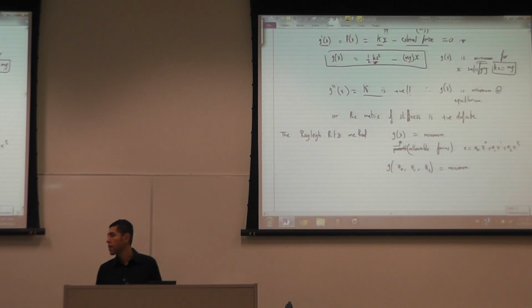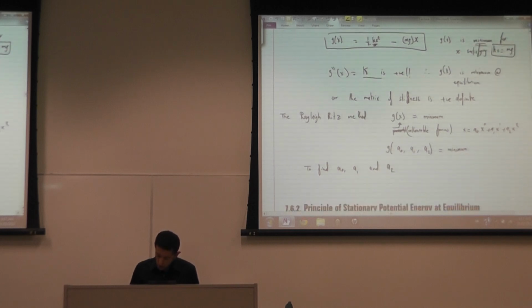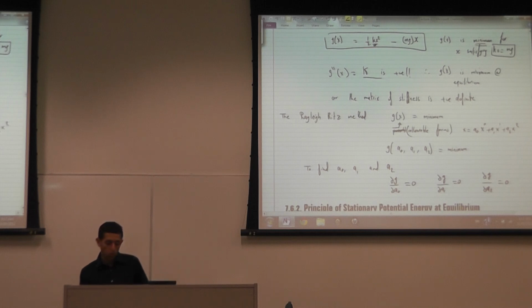Now, to minimize the function with respect to those three variables is simple. To find a0, a1, and a2, all you have to do is take partial g by partial a0 and equate it to 0, partial g by partial a1 and equate it to 0, partial g by partial a2 and equate it to 0. Just minimizing this function with respect to those three variables.